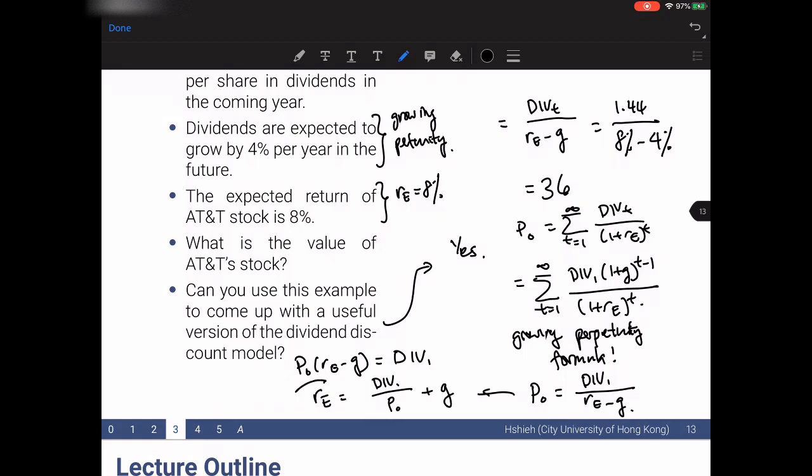So this is our relationship for an infinite horizon stock path, right? So we still have this dividend yield parameter, but now our capital gains path of the stock is simply represented by the growth rate of the dividends, right?